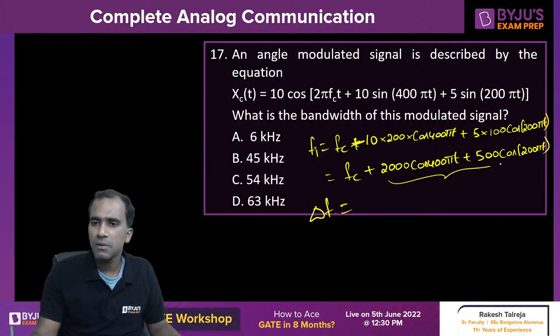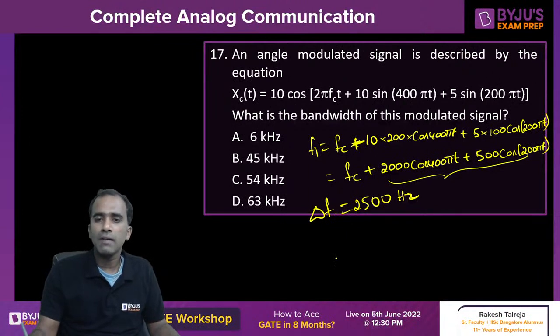How much is the maximum frequency deviation? The maximum magnitude possible in the frequency deviation part. This is the constant term, this is the term responsible for deviation. What is the maximum magnitude possible here? The maximum magnitude happens when t equals 0. Put t equal to 0 and get the maximum magnitude, which is 2500 hertz, hertz is the unit of frequency.